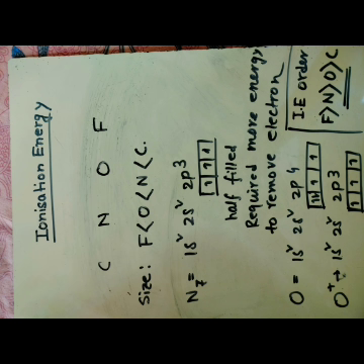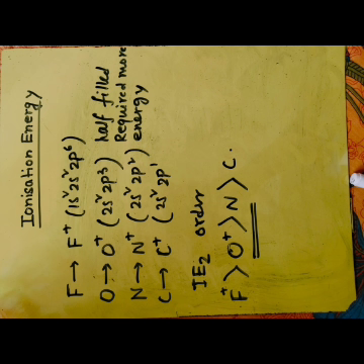Then the second ionization energy order. What is the second ionization energy order? Second ionization energy means after removal of an electron, all these atoms transform into cations.